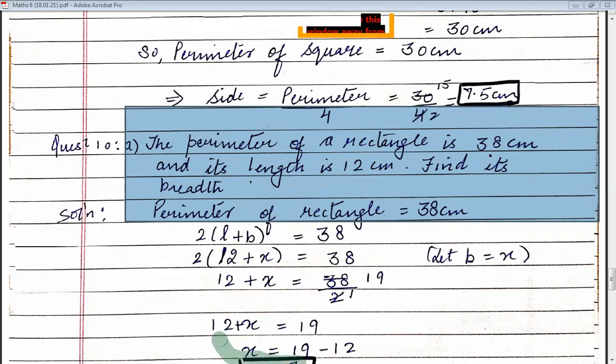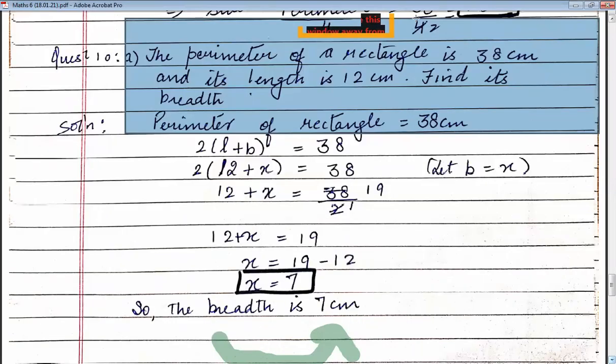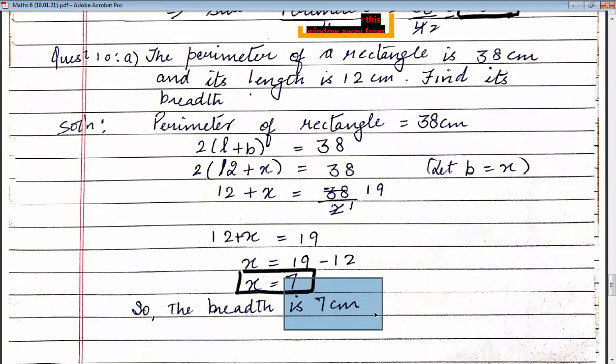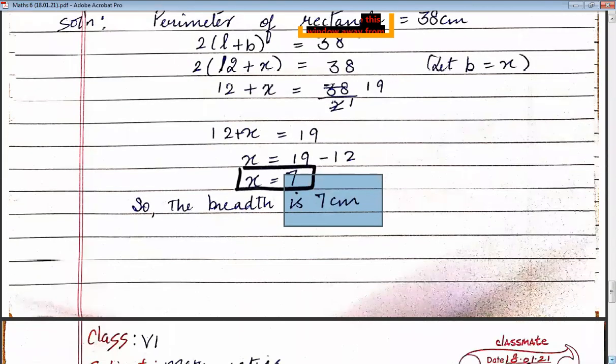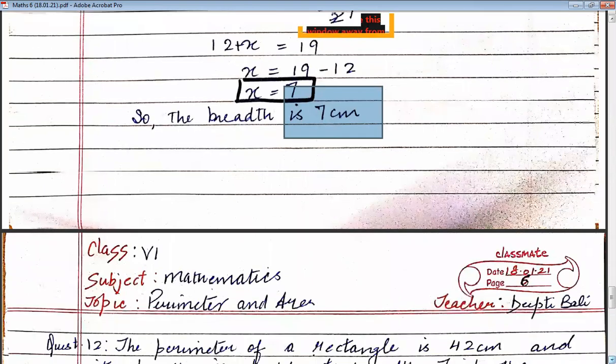So 12 is left, that is 19 minus 12. And 19 minus 12 is your... Now children, after subtracting 12 from 19, your answer will be 7. Okay, so your final answer is 7 centimeter. Okay, so you can use the direct formula also, or you can use algebra.